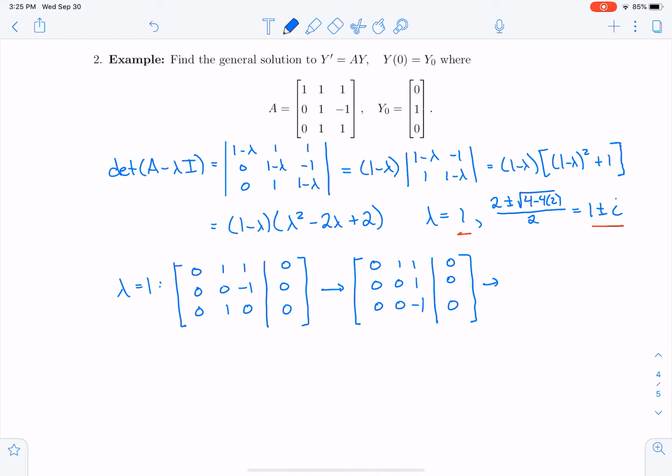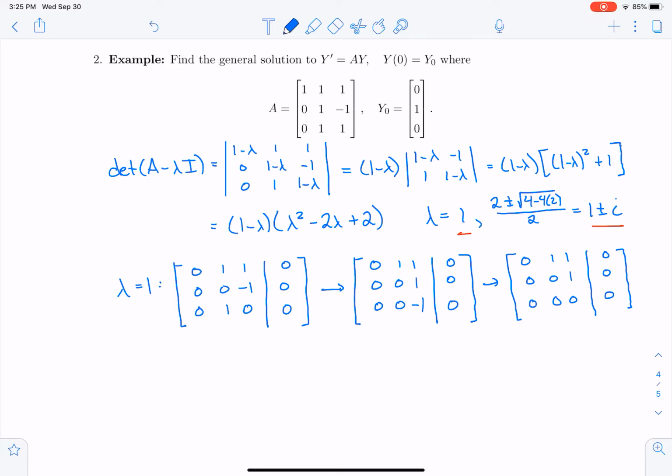Okay, so then my last step of the row reduction is that I can add the second and third rows together, replace the third row. So I'm going to get all zeros on the bottom, which I definitely wanted to occur, to make sure that I had one free variable.